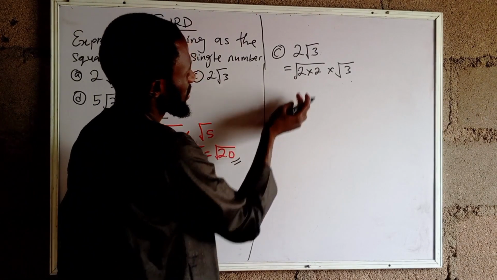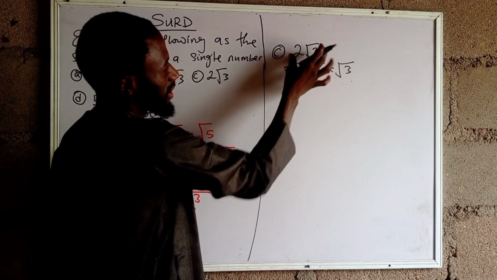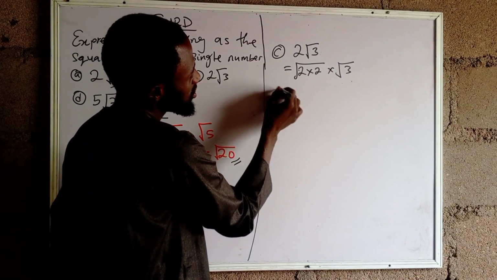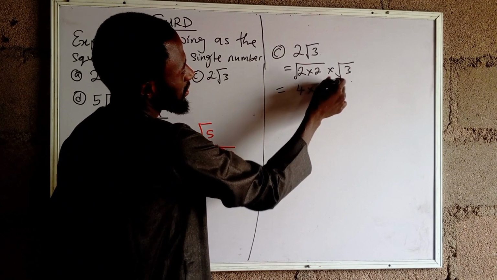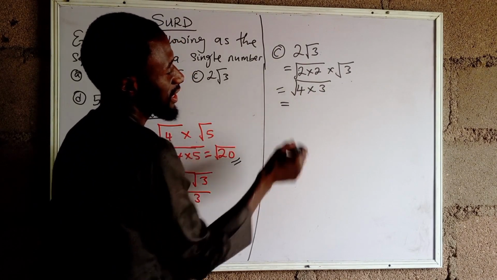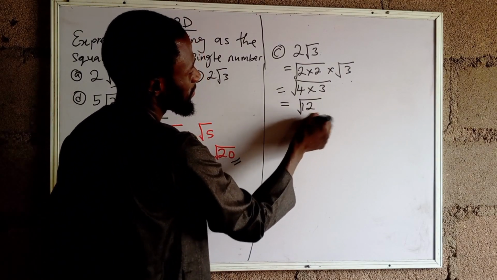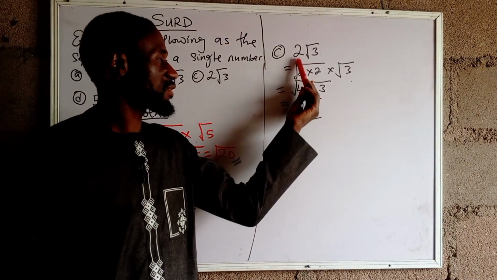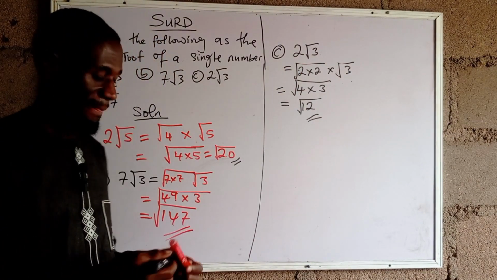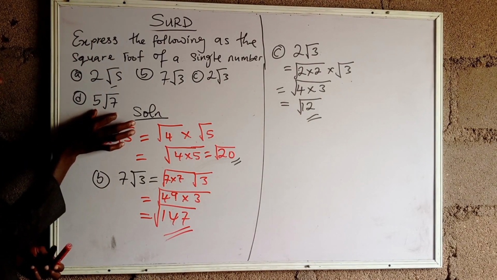So 2 root 3 is equivalent to this. Then this is equal to 4 times 3, all in square root. The last stage, we get root 12. That is, root 12 in a short form is equal to 2 root 3. As simple as this.